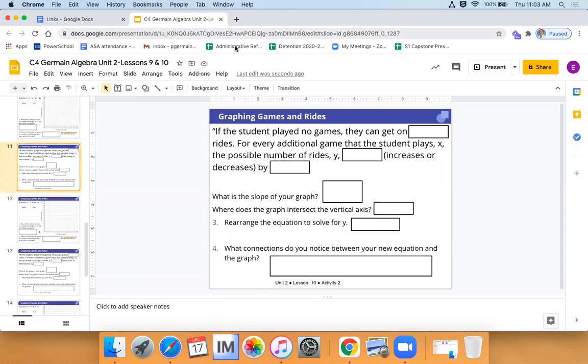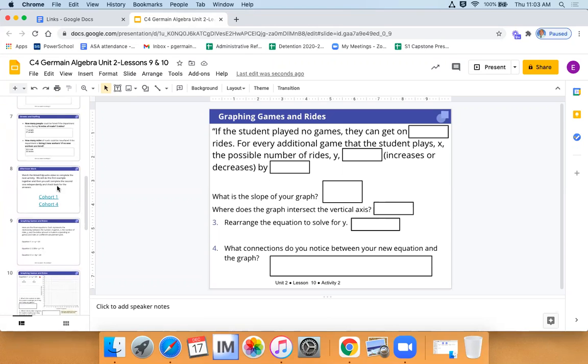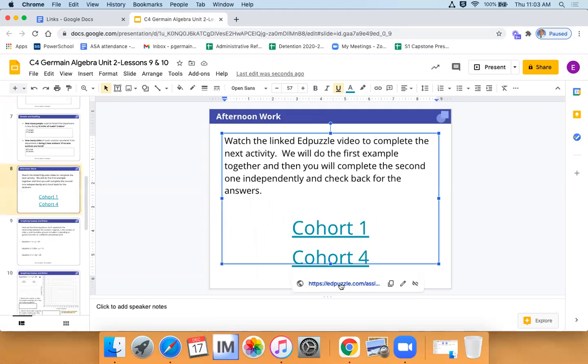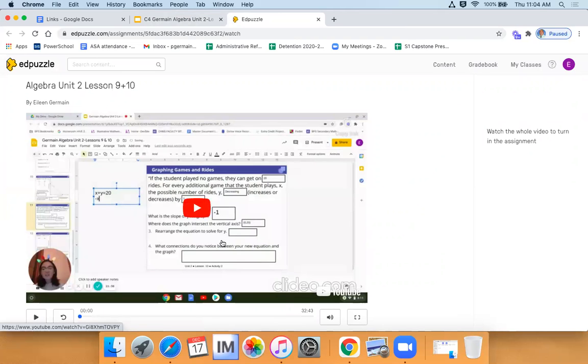What I suggest, if it doesn't run when you're in a different tab, is to maybe open a different window. If you can't open it in another window, that's kind of weird, but it's not a big deal. If it 100% doesn't work, down in the bottom corner it says YouTube, but I want you to try to watch it through Edpuzzle, because that's where my grade is mostly going to come from.